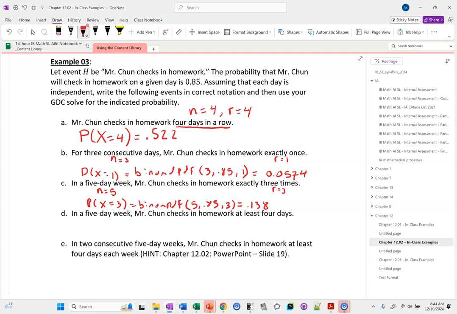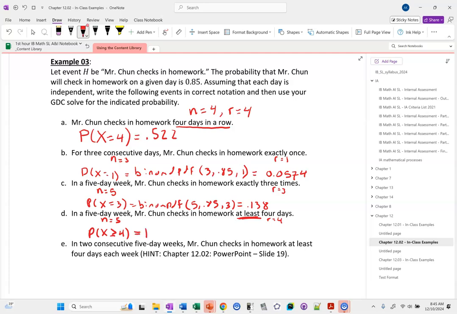In a 5-day week, Mr. Chun checks in homework at least 4 days. What does at least mean? Means greater than or equal to 4. Since we have an inequality, we know we're going to be using a CDF to do this. But the way it's currently written is not a less than, so it's not really CDF-able at this moment. Was okay with that?